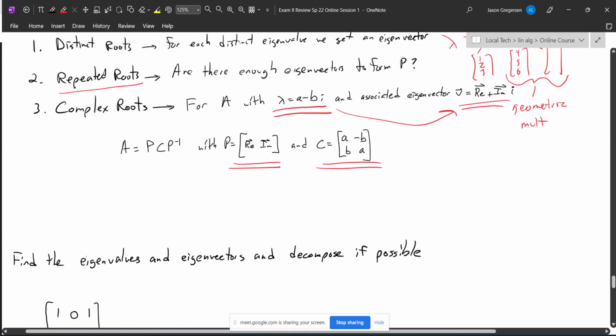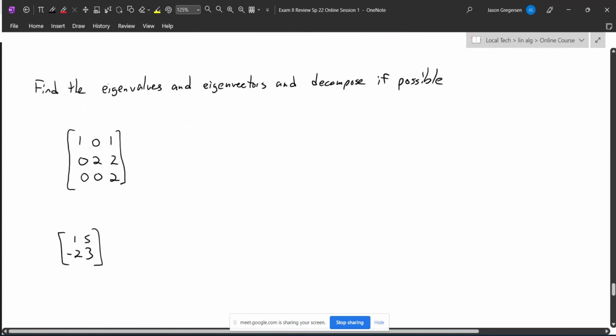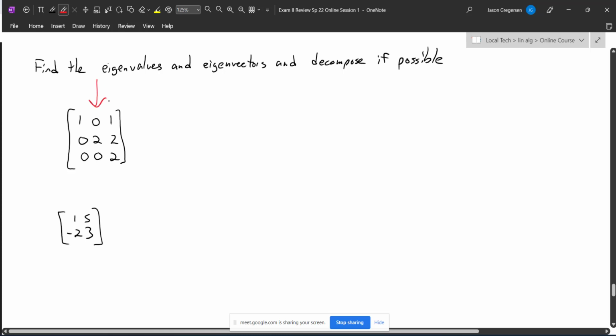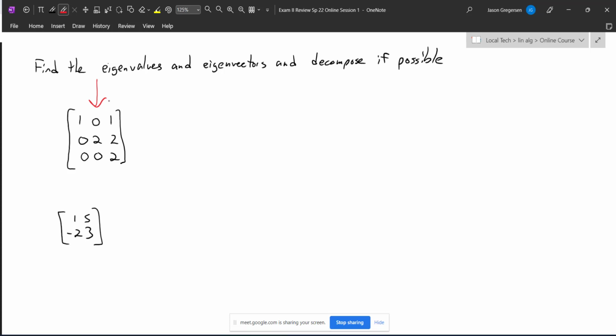So, given this review, we're going to look at this first matrix and determine if that matrix is diagonalizable. So say yes or no, this matrix is diagonalizable. Type that in the chat.